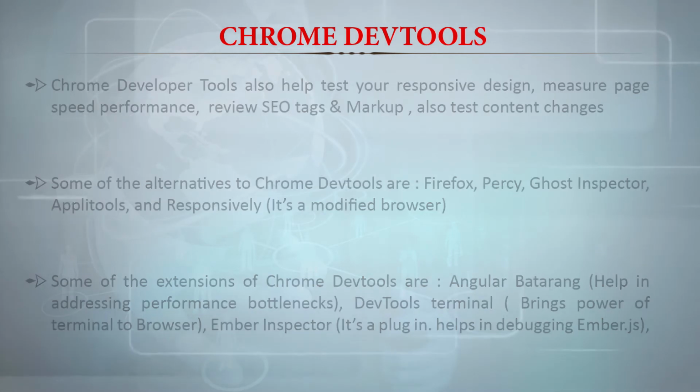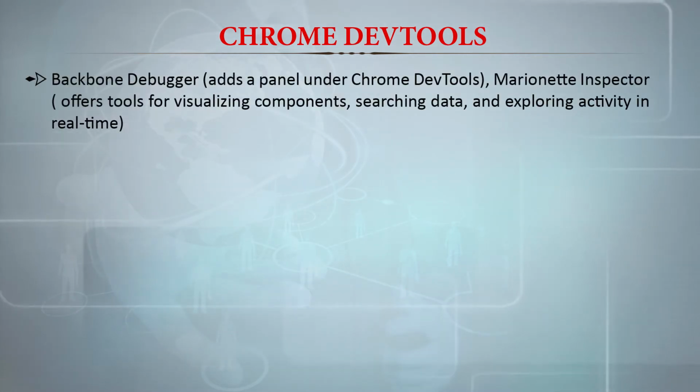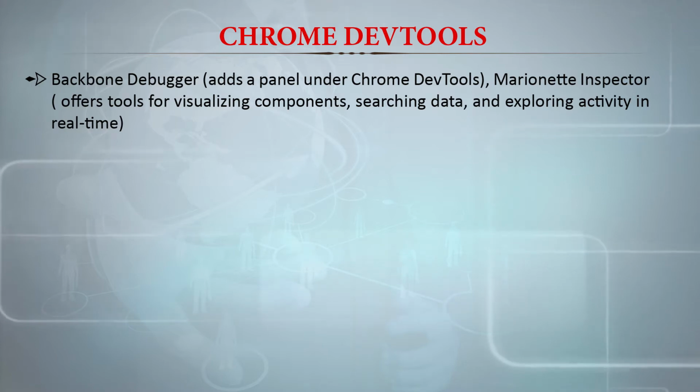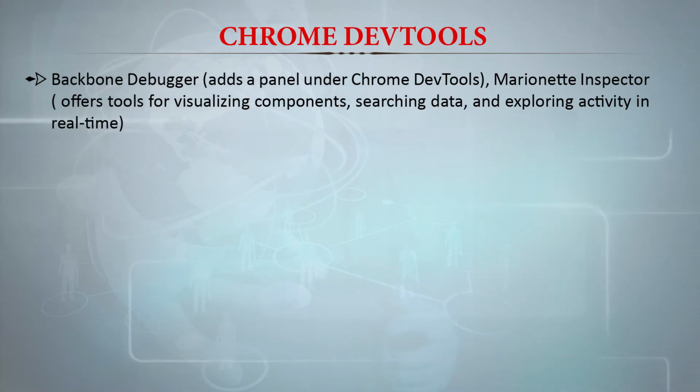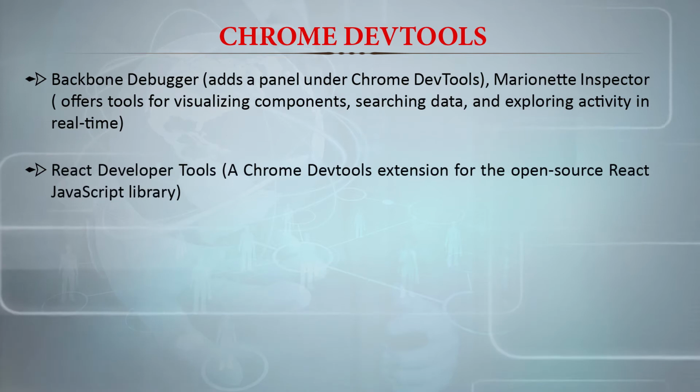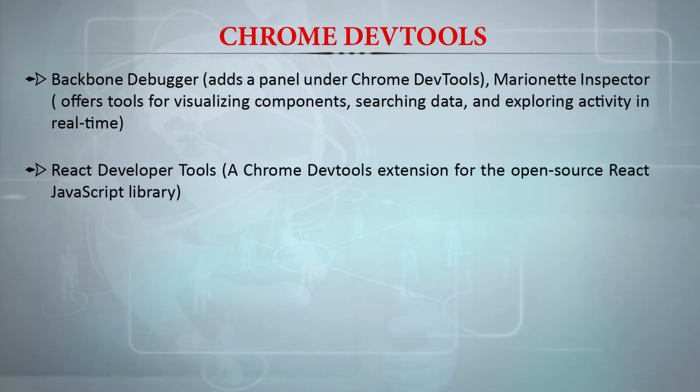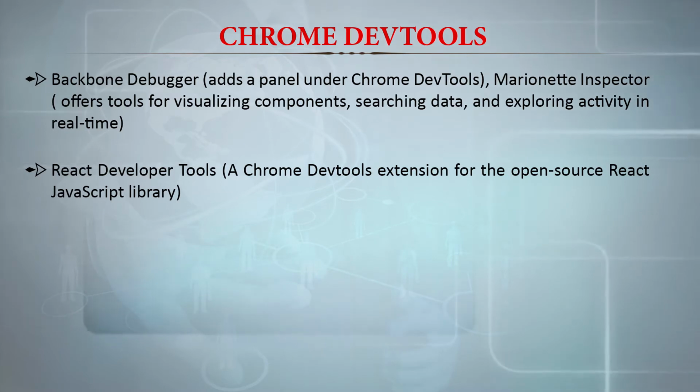Ember.js. Backbone Debugger adds a panel under Chrome Developer Tools. Marionette Inspector offers tools for visualizing components, searching data, and exploring activity in real time. React Developer Tools is a Chrome Developer Tools extension for the open source React JavaScript library.